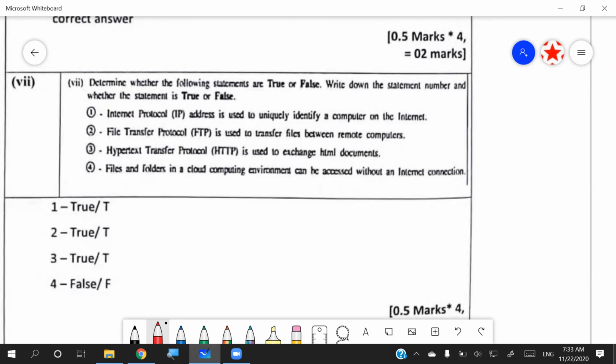We are sending one file to another, like using a Google service or Google Cloud kind of a thing, right? So it's going to be a file transfer protocol if we are sending the files. The third one is telling hypertext transfer protocol is used to exchange HTML documents. Yes, the name describes it.